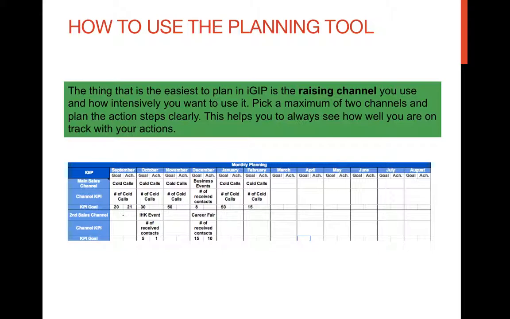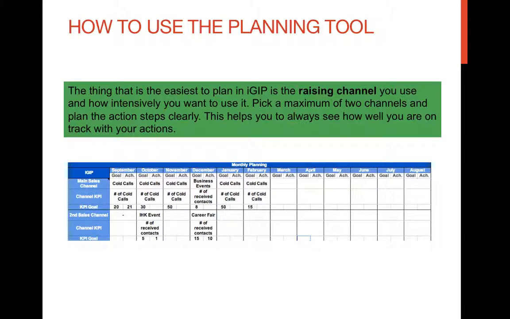That will help you to track your members, because you can set goals for each week. In the planning tool, we are only looking at months, but still, for yourself, you should break it down into weeks and how many calls, how many meetings each member should have in 1 week. This will help you even more to keep on track with your action.